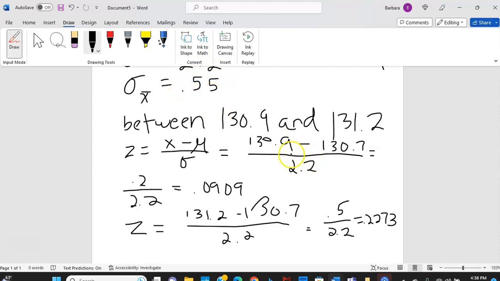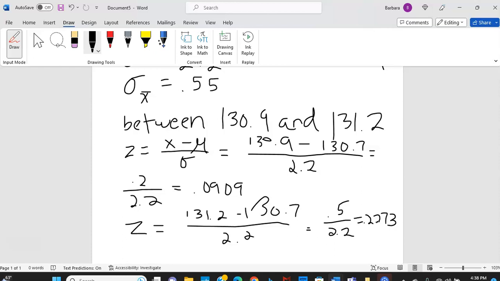So I've got to use that 0.55 instead of 2.5. Otherwise, what we do is exactly the same. So this bottom will change to 0.55, and I'll have 0.2 divided by 0.55, and I will get the z-score for that. And then this bottom will change to 0.55, and I'll have 0.5 divided by 0.55, and I'll get that z-score. And again, I will look them both up using Excel, and subtract those probabilities to get the answer.